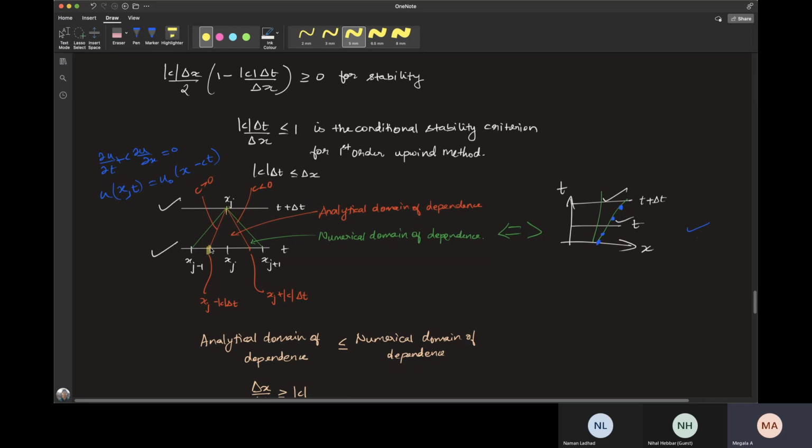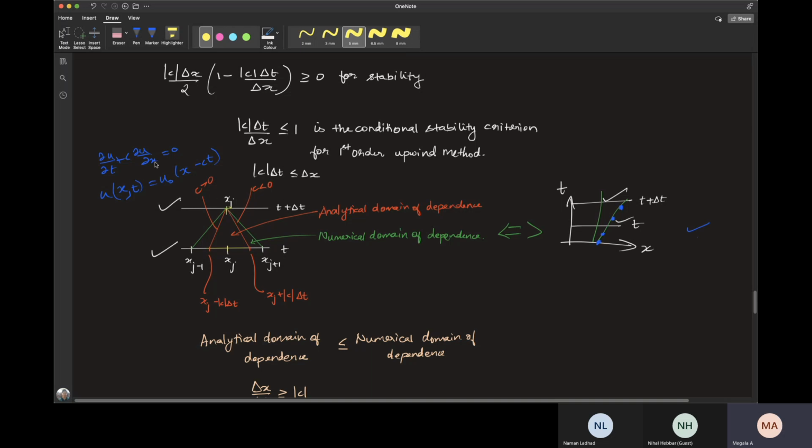So at t it passes through this point. So now the value of u at this point is equal to the value of u at this point xj. So this region is now your analytical domain of dependence.